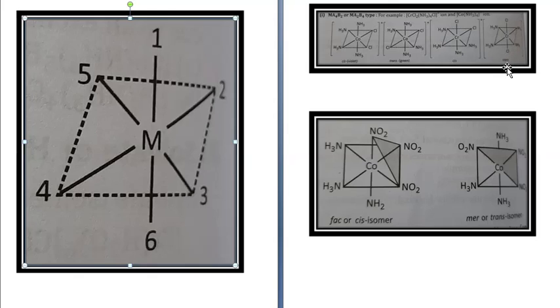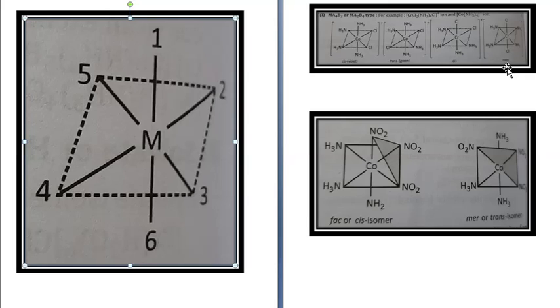Alright, next is Ma3B3. For example, [Co(NO2)3(NH3)3]. They also show another type of isomerism which is called facial or meridional isomerism. Facial is represented by fac and meridional by mer.